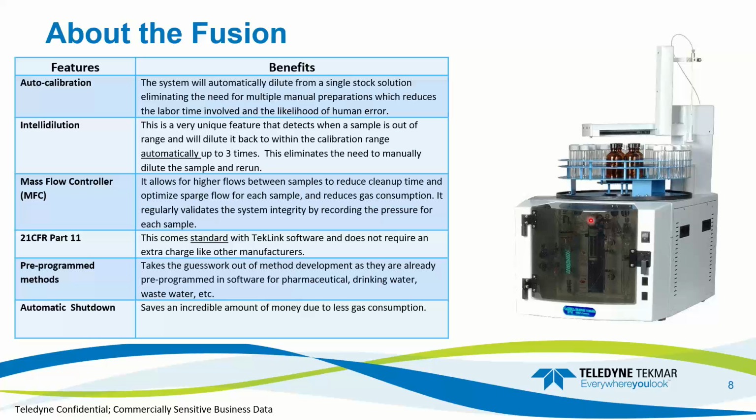But you as a customer will also be afforded the ability to develop or change the method parameters that you want to change. And then, as I said, automatic shutdown. It saves an incredible cost of money due to less gas consumption, and that is due to the Teledyne Hastings mass flow controller that is controlling our gas flow within the Fusion system.